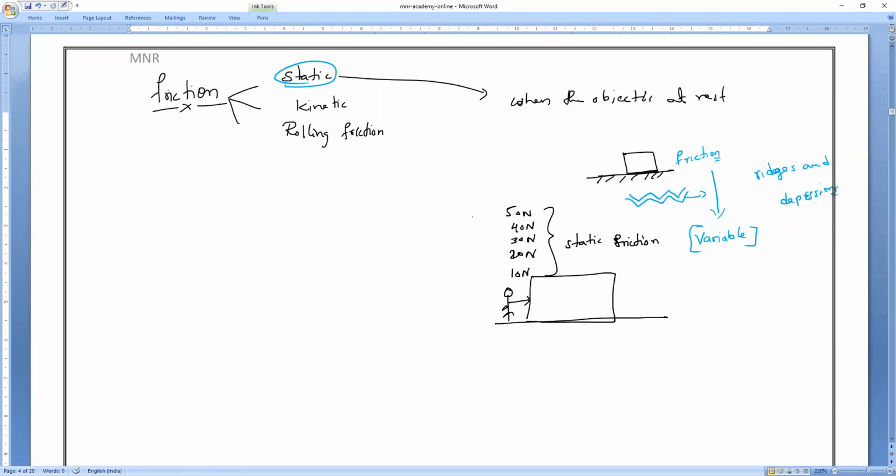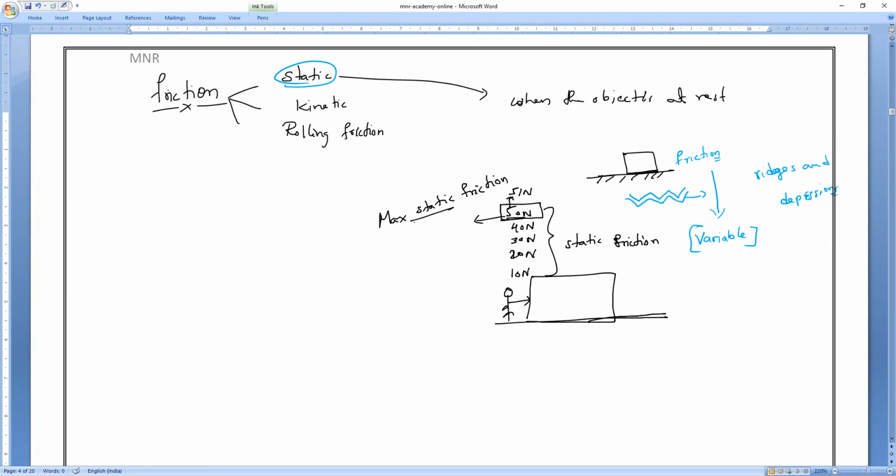Now he applies a force just more than 50 newtons, that is 51 newtons, and the body starts sliding over the surface. So the maximum static friction of this body is 50 newtons.